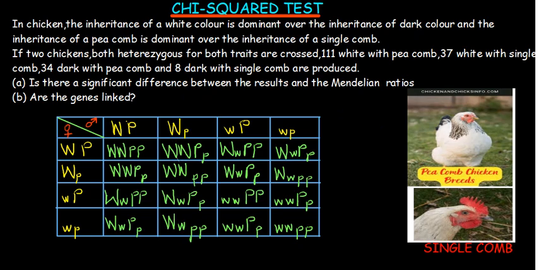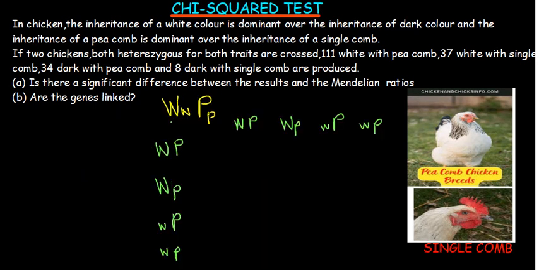Now we should be able to determine first what is the ratio of the offspring which are expected to be white with pea comb, white with single comb, dark with pea comb, and also dark with single comb. So let's do that. I'm going to first start with white with pea comb. I'm going to use this very section here.